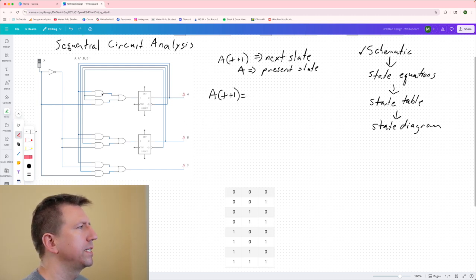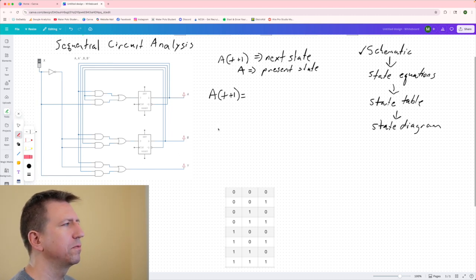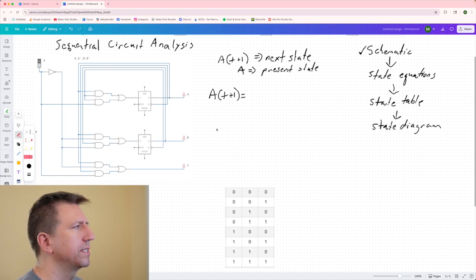Now we just use our combinational logic. I've set this up here so this is fairly easy to read. There's this bus of wires here. We've got A bar, B, and B bar, and they're coming from the flip-flops, and I've just routed them around in this way. This is not typically what I would do, but I'm doing it this way because I think it'd be easier for us to see.